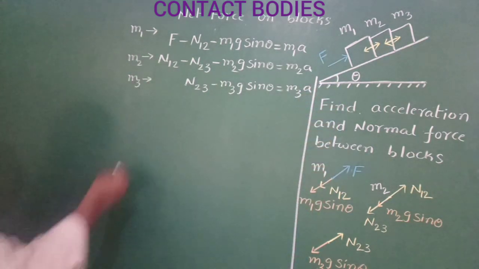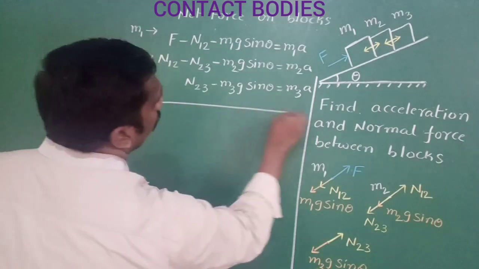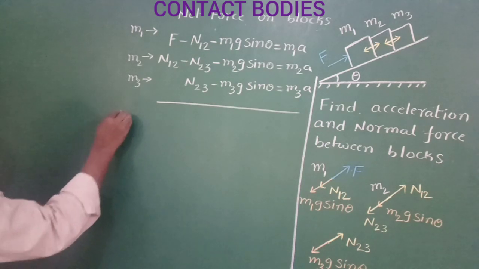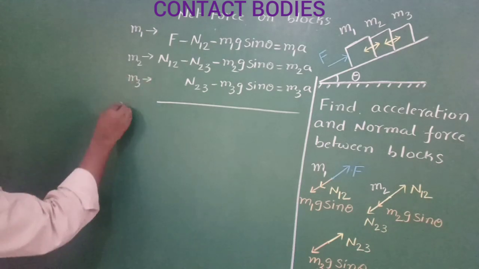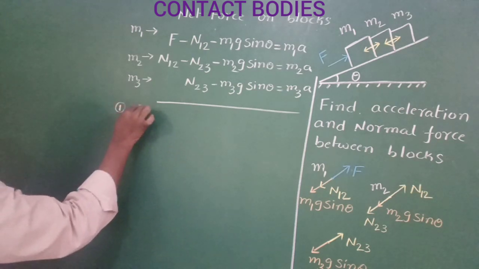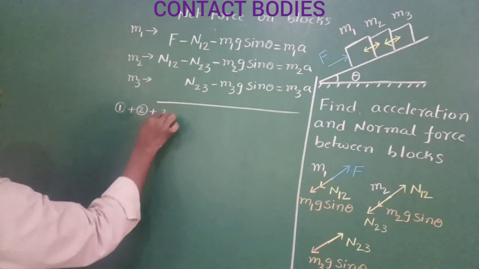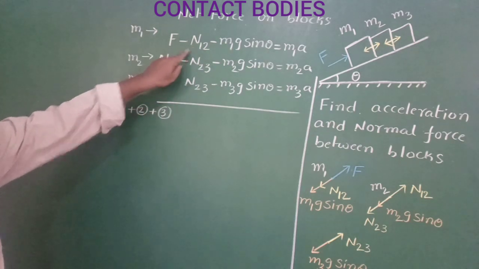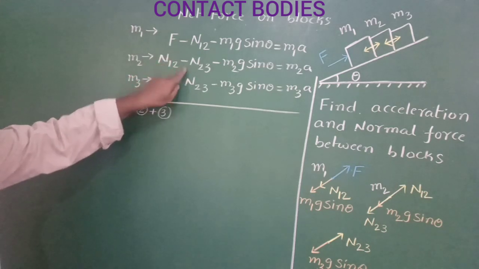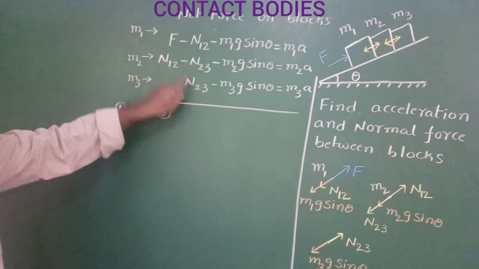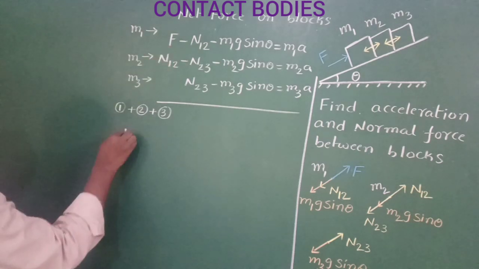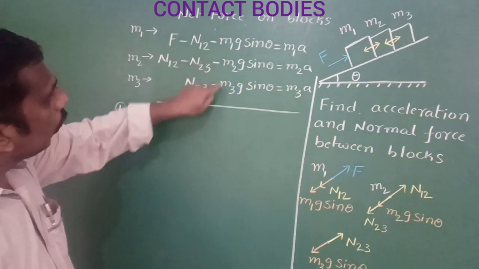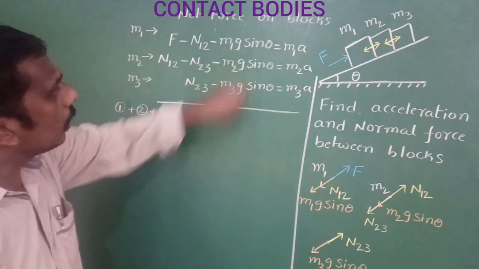Now we should add the three equations. Add equation 1, equation 2 and equation 3, or we write 1 plus 2 plus 3. If you write 1 plus 2 plus 3, see here, minus n12 plus n12 get cancelled, minus n23 plus n23 get cancelled. Here we will get F minus, in the three terms you observe minus is there, g sin theta is common.